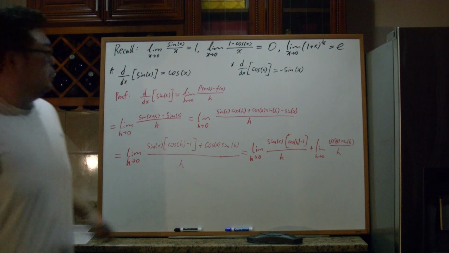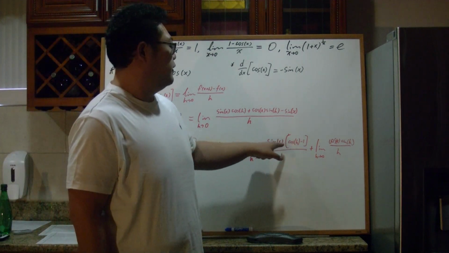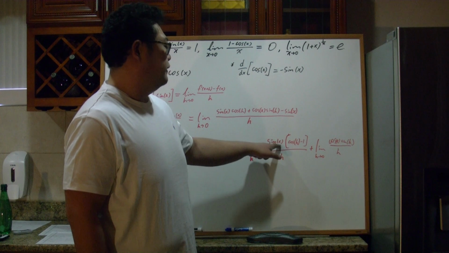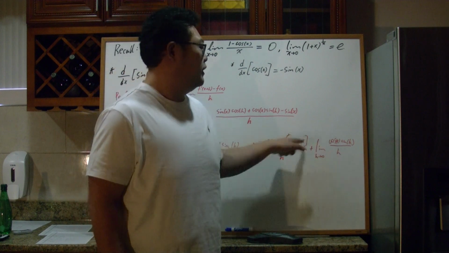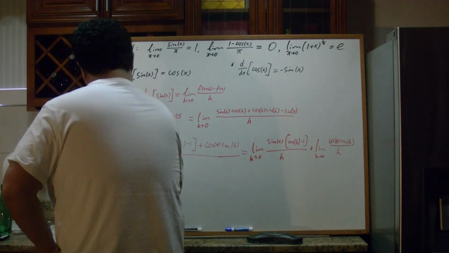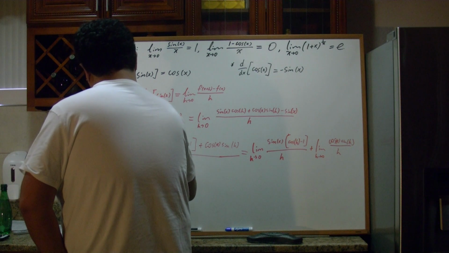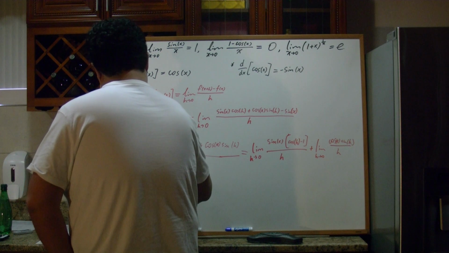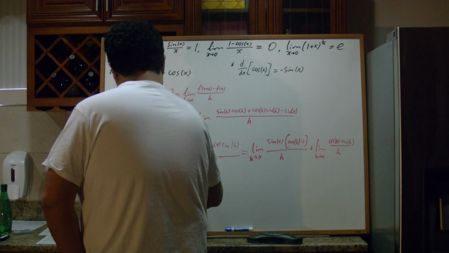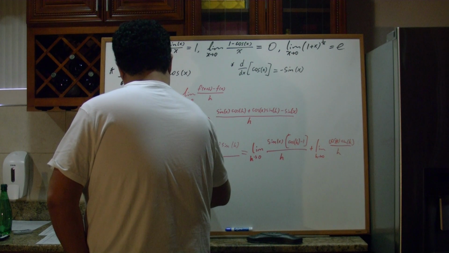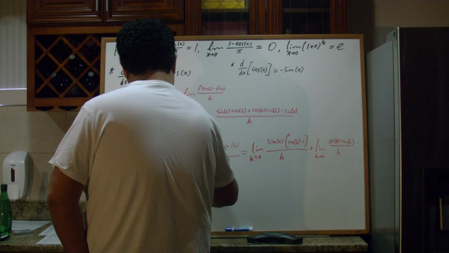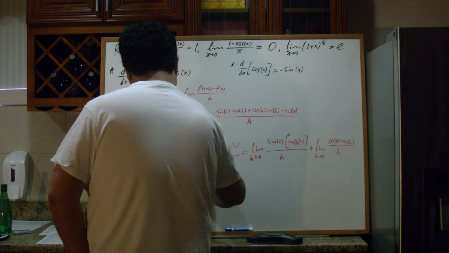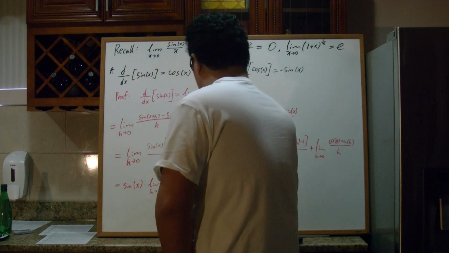Two limits. The limits are expressions of h, so the function with only the variable x can be taken out. That equals sine x times the limit, plus cosine x times the limit.